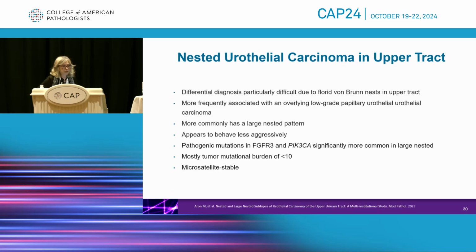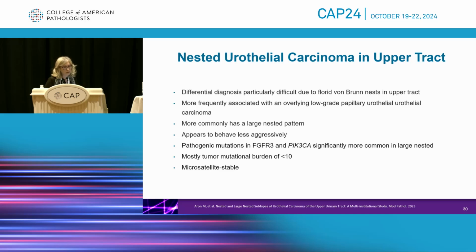There has been a study that has actually described the features of nested urothelial carcinoma in the upper tract, which is extremely important because especially in the upper tract, we may have urothelial von Brunn's nests, and they can be even florid in this location.